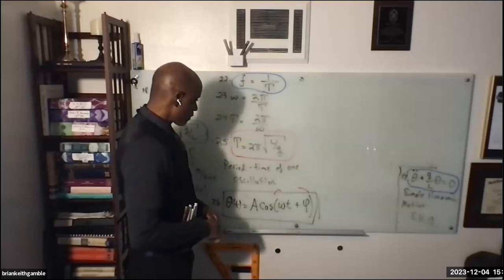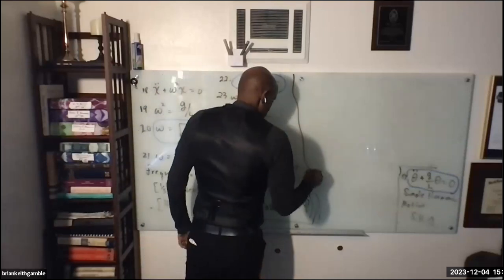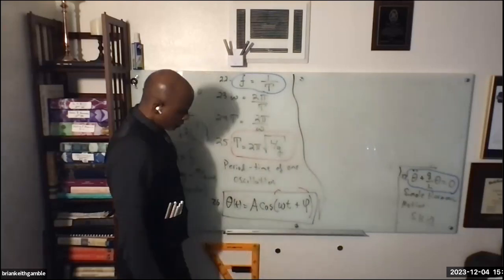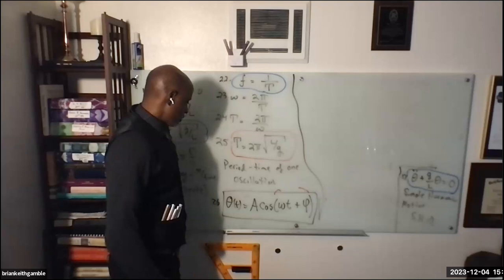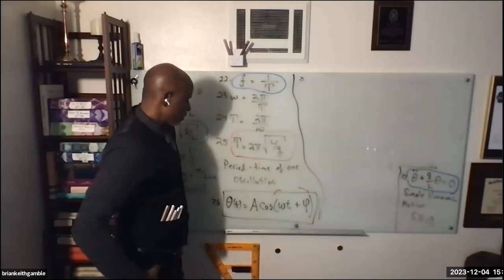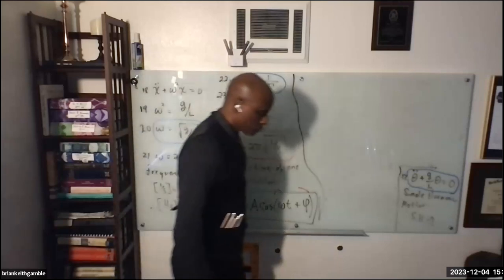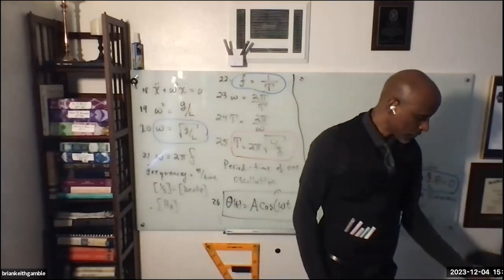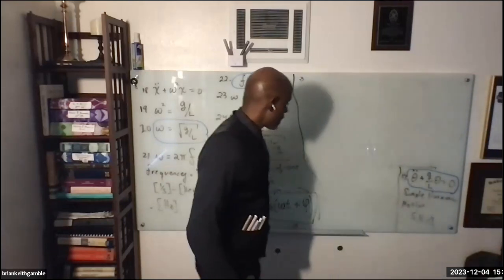So taking the derivative of this function, you have to use the chain rule. Cosine is one function, and then omega t plus phi on the inside of the argument is the other function. So chain rule, take the derivative of the inside function. It doesn't matter what you do first. Let's just do cosine. The derivative of cosine is negative sine.